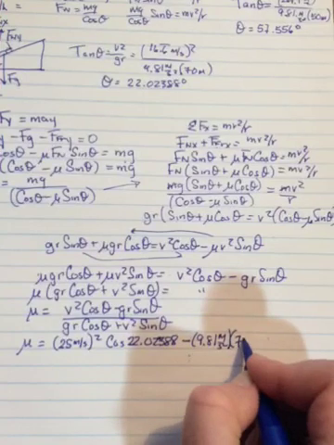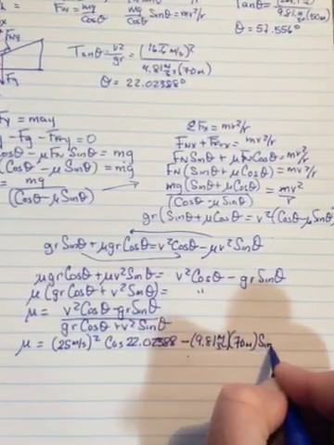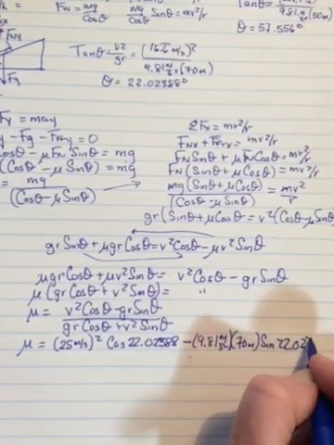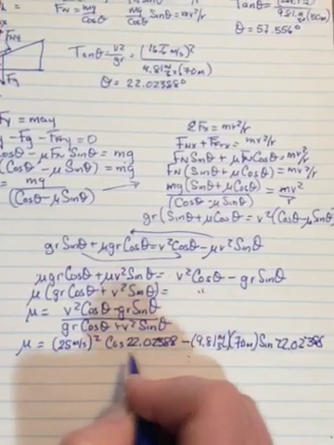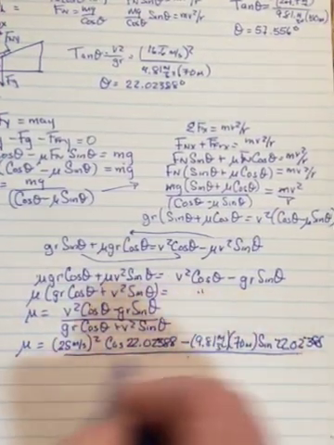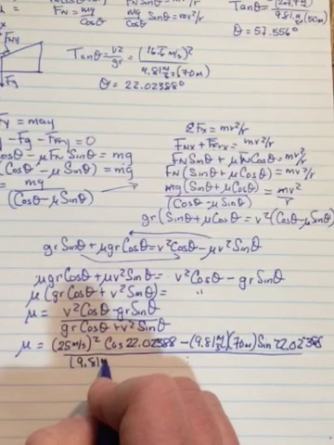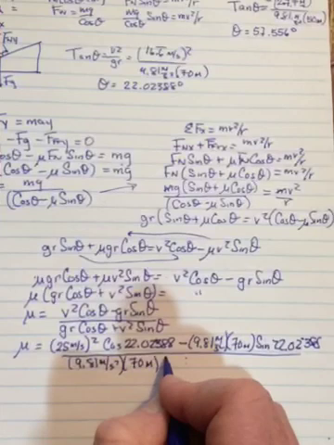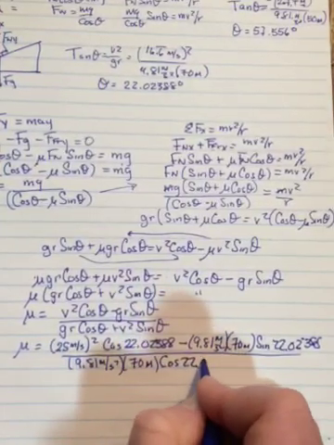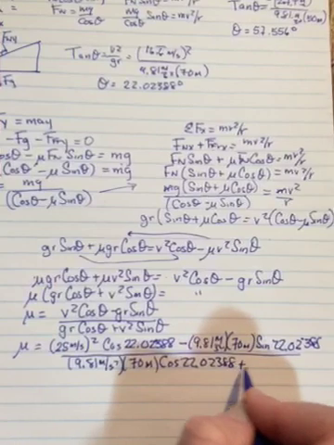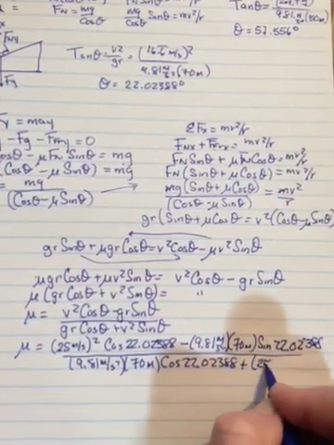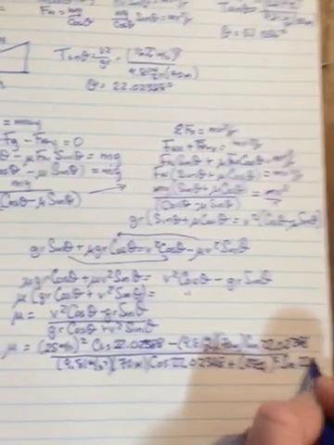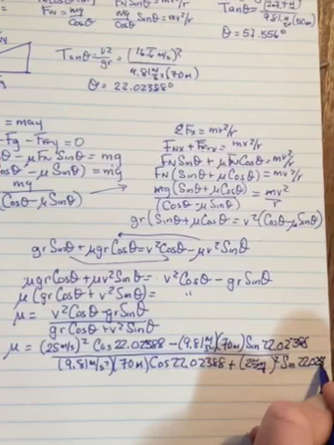The radius is 70 meters, that hasn't changed, and the angle again 22.02388, and then on the bottom 9.81 meters per second squared, 70 meters, cos of 22.02388 again, plus the 25 meters per second squared, sine of the 22.02388.